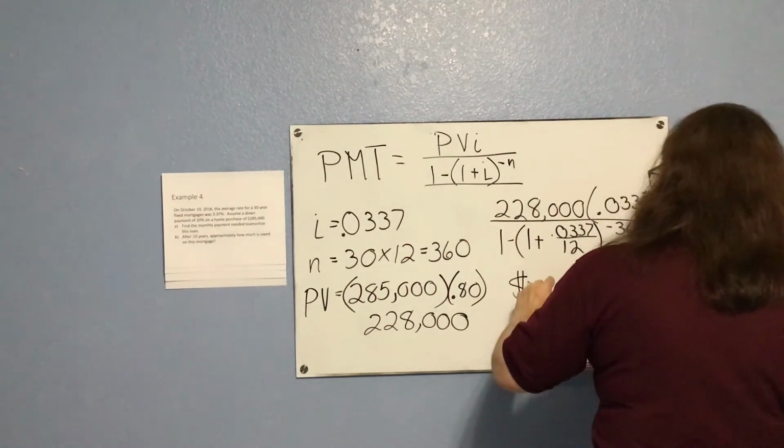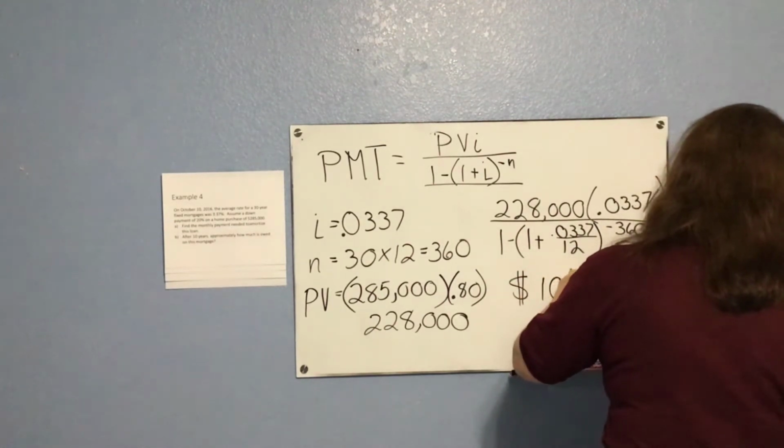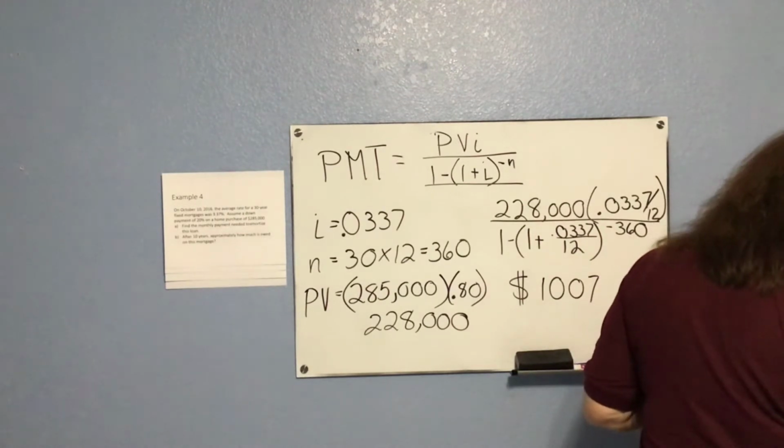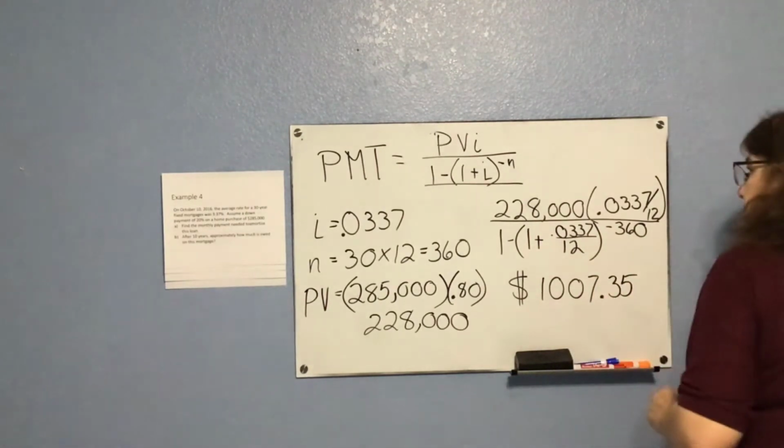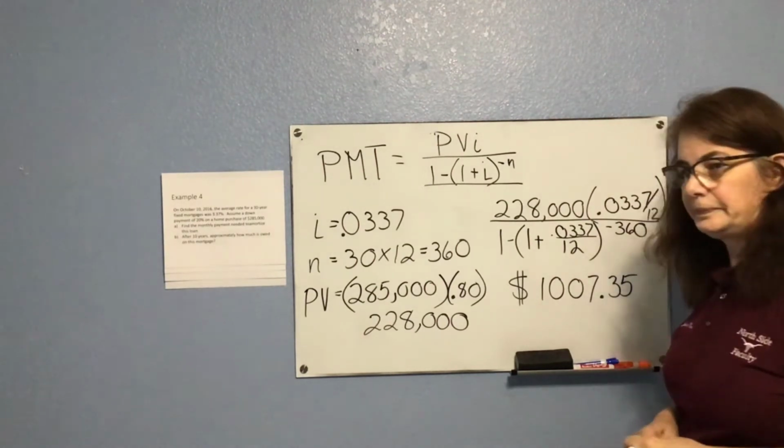And this gives us a payment of $1,007.35 for this mortgage.